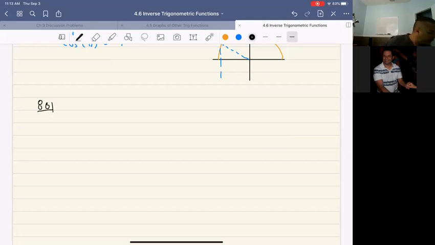We're going to find the sine of the cosine inverse of 3/4. So now this is almost the exact same type of thing, but we're going to have to draw a little triangle here.